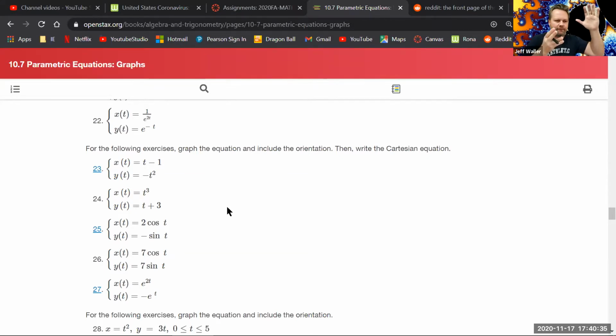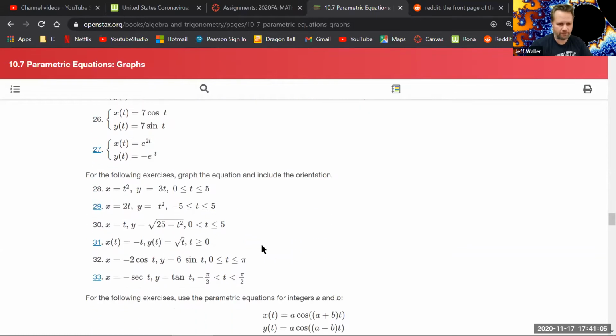But if it's defined parametrically, I could look at the t value at that point and I know when it was there. So a beautiful immediate use for this is trajectories of moving objects. Sure, it's following maybe a parabolic arc, but I want to know what time it's at each of these positions, right? And of course, this extends to 3 dimensions, and that makes it even more fun, but we're not going to go there, unfortunately.